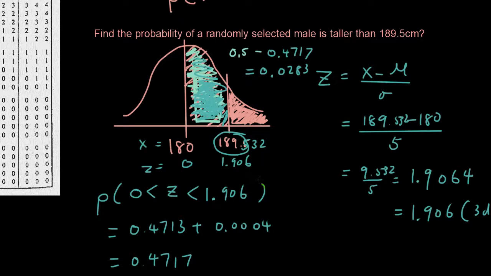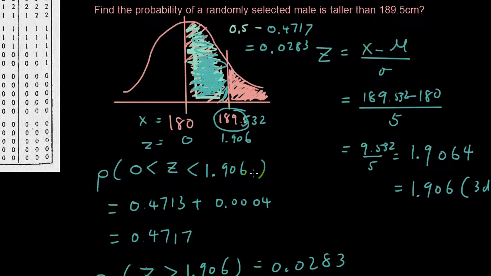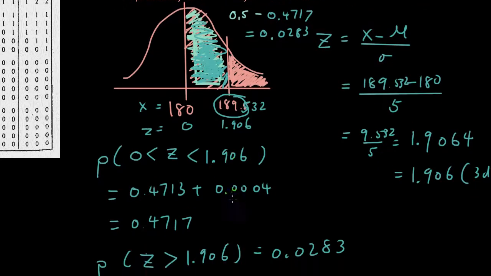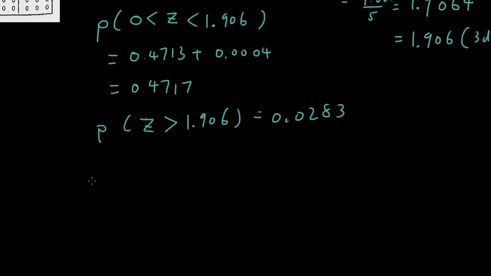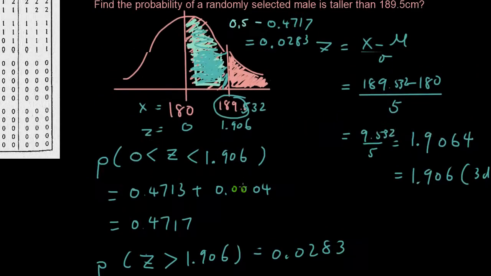What if you want a randomly selected male to be between two numbers and the number on the left is not the mean. Okay, so let's just do that one quickly. What if we want the probability of x being between 180 to, 180 is the mean.